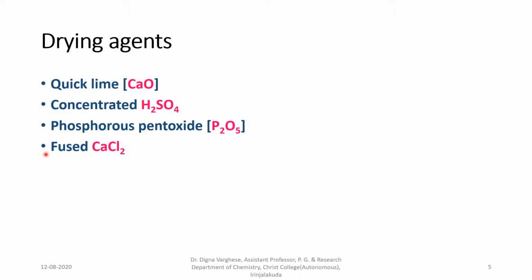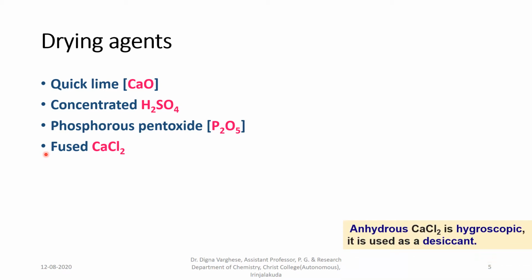These materials can absorb water, so these are known as drying agents. Fused calcium chloride, that is anhydrous calcium chloride, is hygroscopic. It is used as a desiccant. In our desiccator we are using calcium chloride as desiccant. Desiccant is a substance that can absorb water.